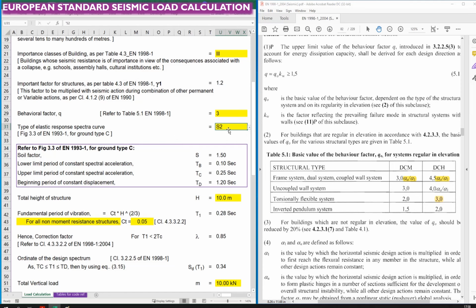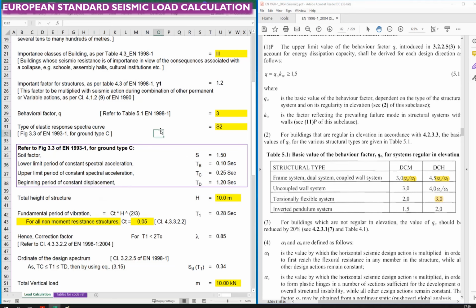So for S2, we need the inputs like soil factor, lower limit of the period of constant spectral acceleration, upper limit of the period of constant spectral acceleration, beginning period of constant displacement, such as S, TB, TC and TD respectively.